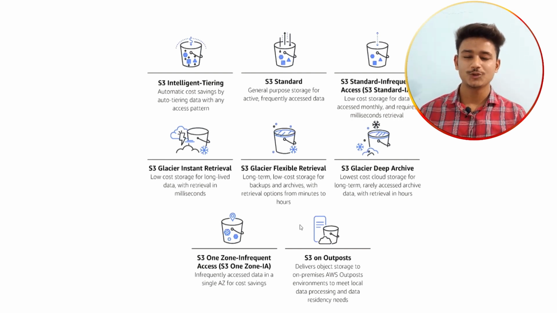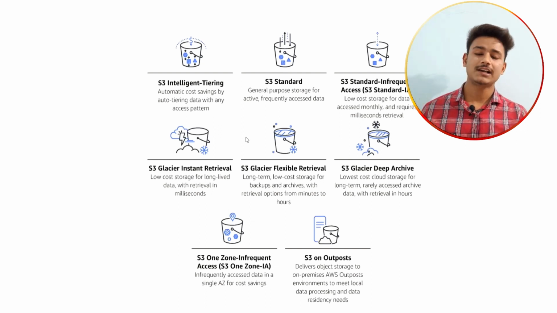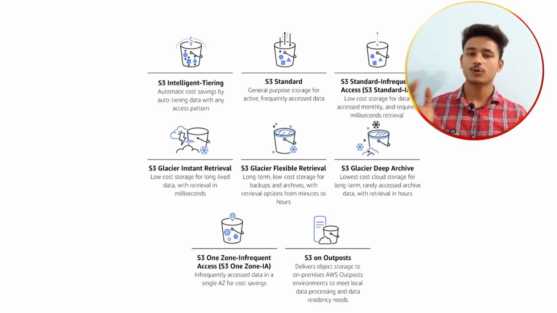I'll not explain much about this because it is very simple. Storage classes are used for particular needs. AWS gives you a pay-as-you-go option, so according to that you can use these classes so that your storage is not wasted and costs are cut accordingly.